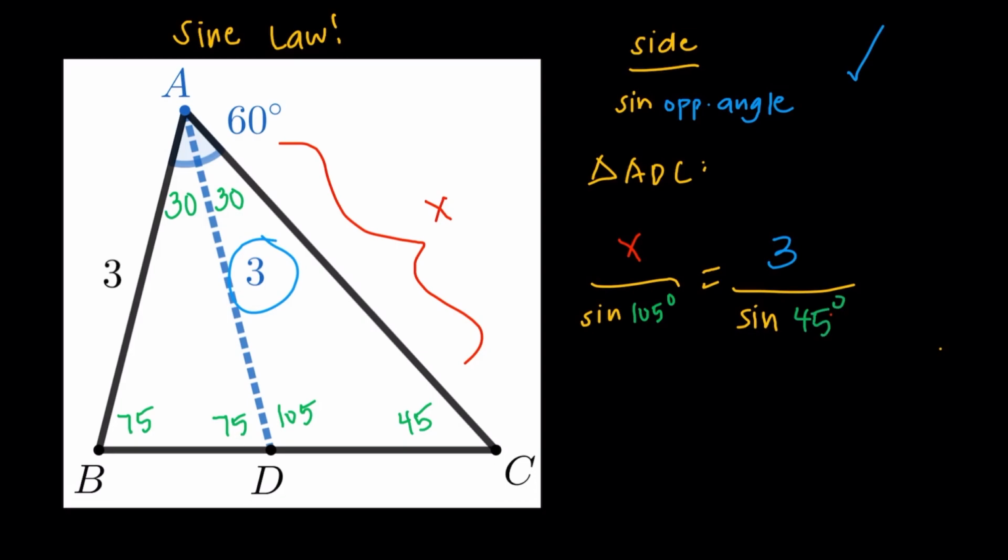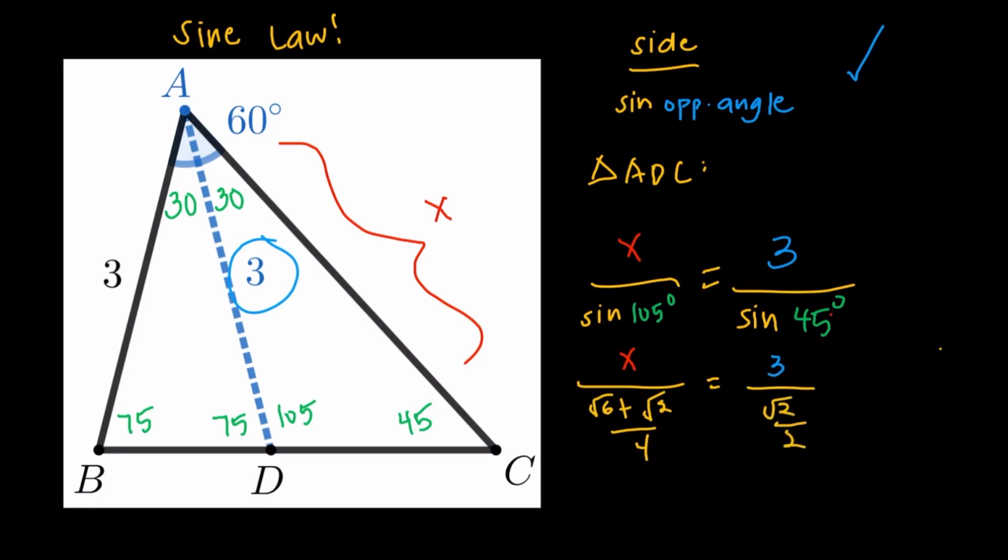Now, sine 105 and sine 45 are pretty nice values. Sine 105 is equal to the square root of 6 plus the square root of 2 divided by 4. And sine 45 is just the square root of 2 over 2.